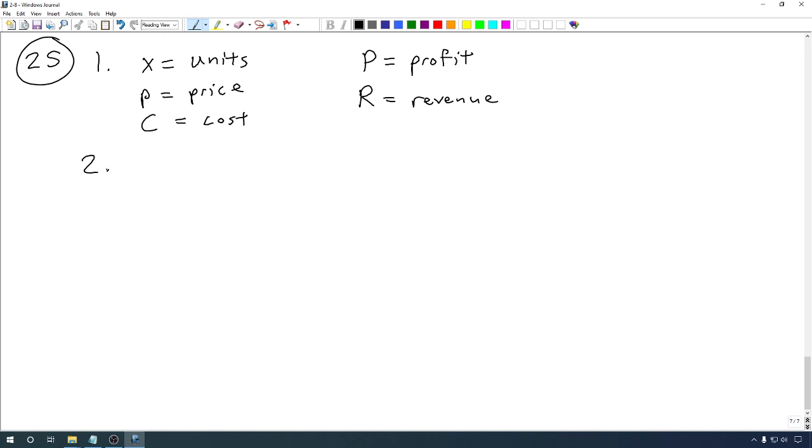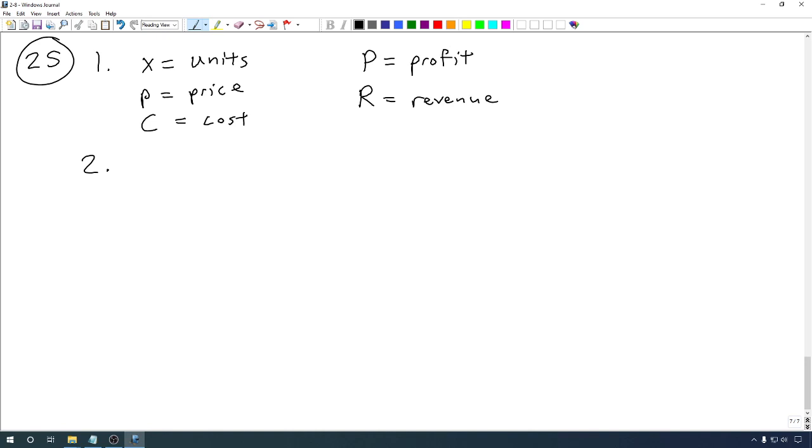Part 2, we want to find some relationship between the quantities. Well, they give us a rate of change for the profit. They tell us that the profit is increasing at a rate of $5,600 per week. So our formula, whatever relationship we have, is going to have to involve the profit. But they want us to find the rate of change of the sales.